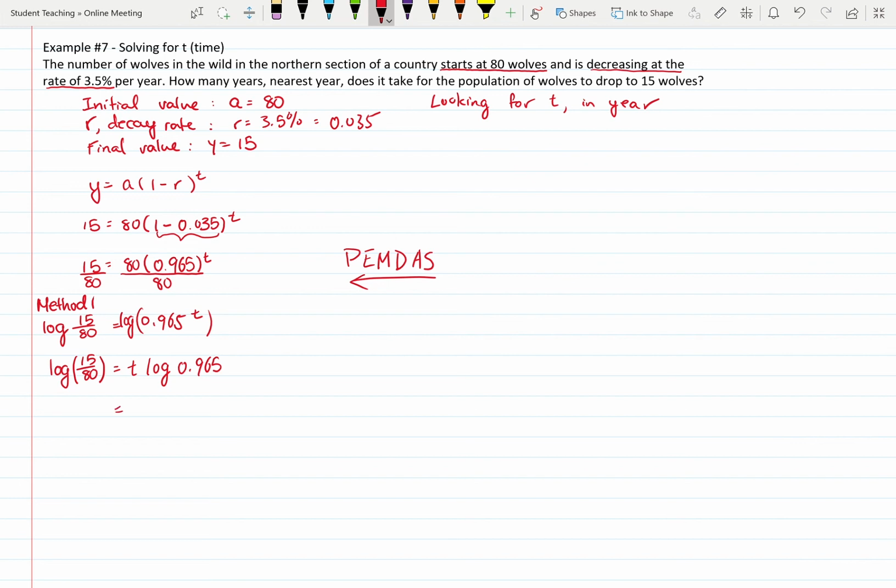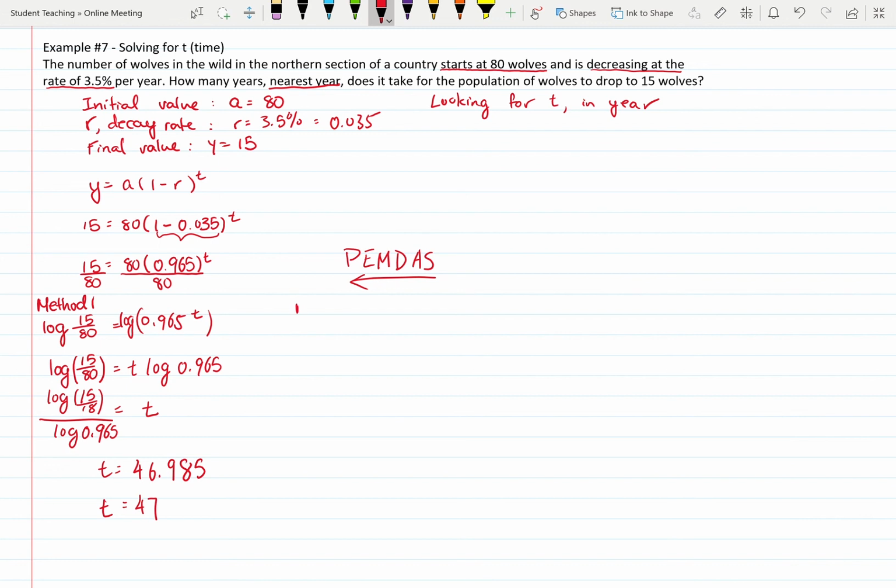That gives us log of 15 over 80 divided by log of 0.965 equal to t. That should give us around 46.985, and we need to round that to the nearest year. That becomes 47.